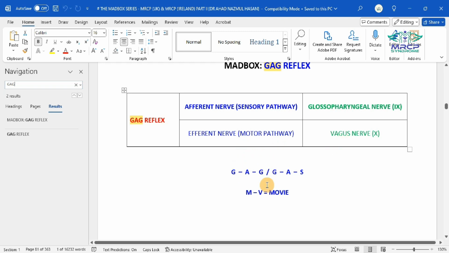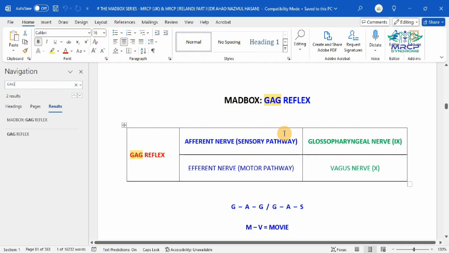So you can remember GAS for the gag reflex: G for glossopharyngeal, A for afferent, S for sensory. And MVE: M for motor, V for vagus, E for efferent. This gag reflex is one of the protective reflexes of the throat, triggered by touching the posterior pharyngeal wall.